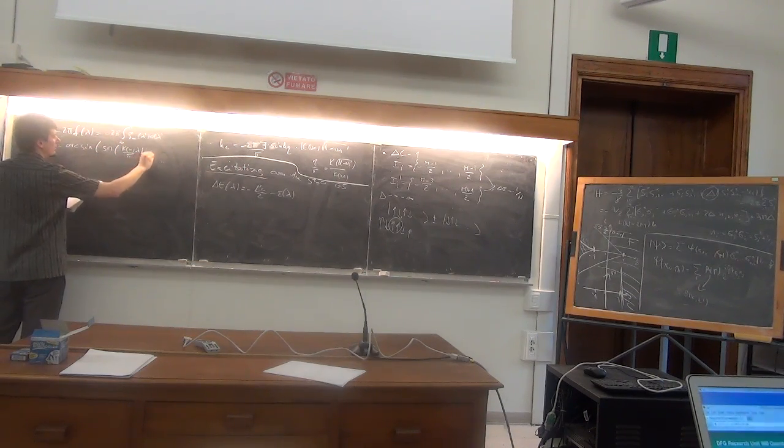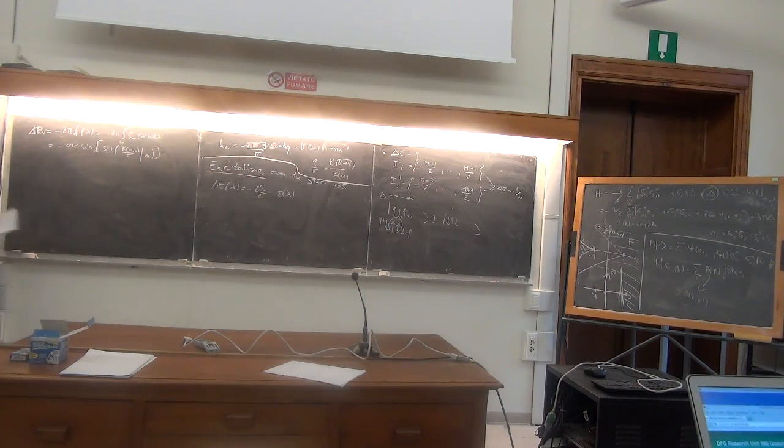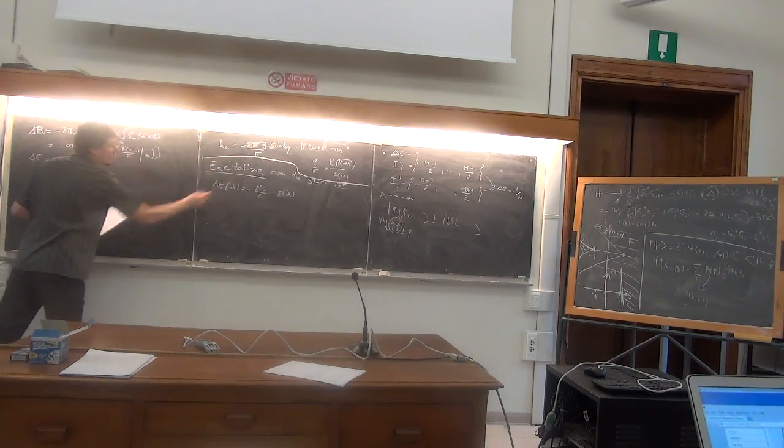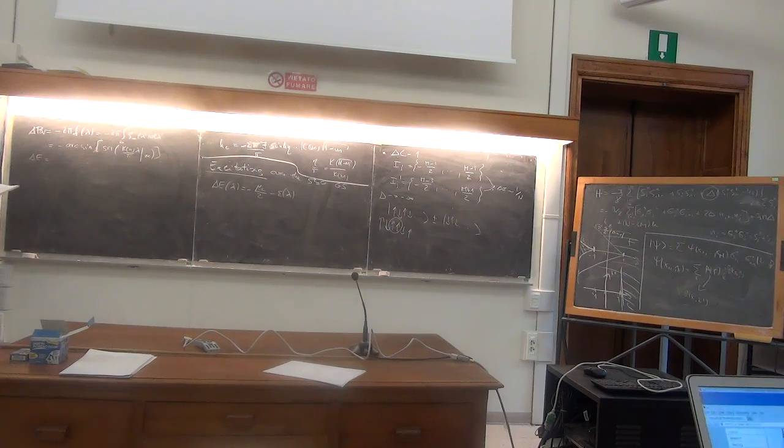I just give this for the sake of completeness. The message is that this can be written down analytically. Similarly, delta E, if I use this formula, I plug in everything, I find something.